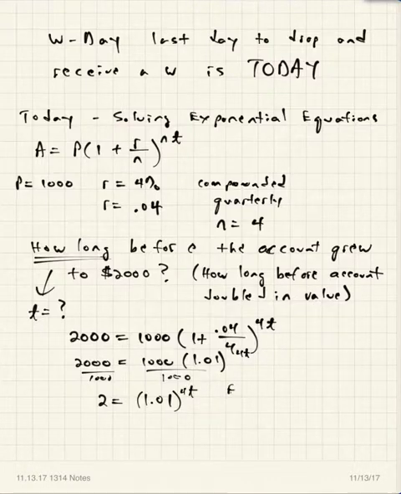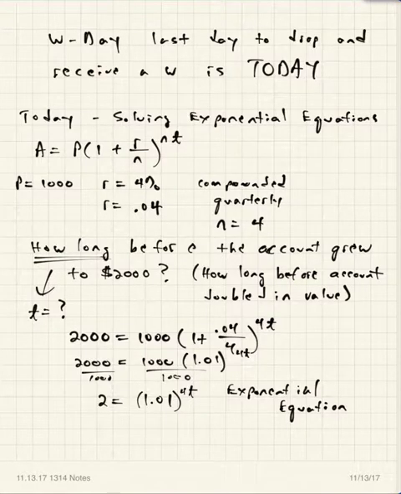And this is an example of what we call an exponential equation. Up to this point, we were kind of out of luck as far as solving this kind of equation, but now using logarithms, we can solve this type of equation. That's what we want to talk about today. So we're going to be talking about this kind of equation in a few minutes.